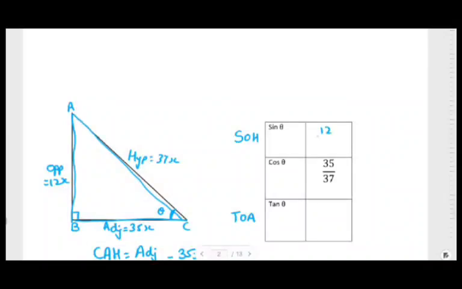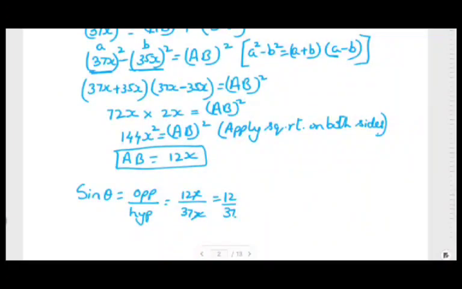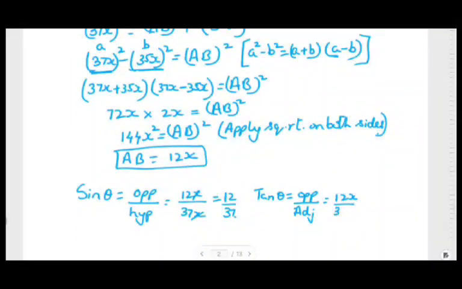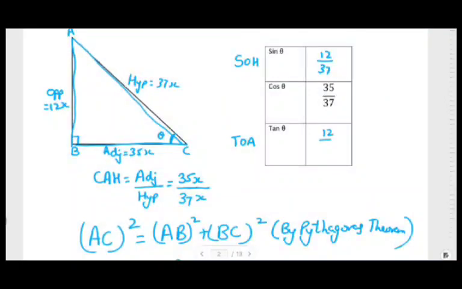It's 12 upon 37. Right? How will I find my tan now? Tan theta will be TOA. TOA means opposite upon adjacent. Correct? What's my opposite value? 12x. What's my adjacent value? 35x. Remove the x. 12 upon 35. That is my value for tan.